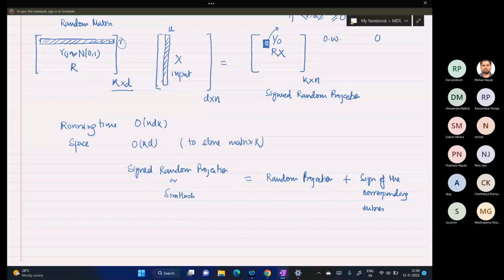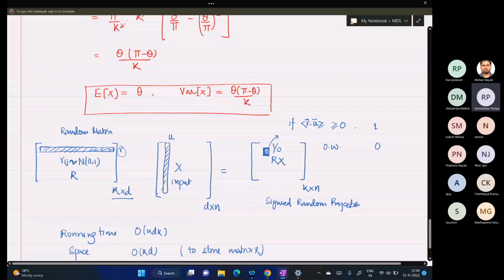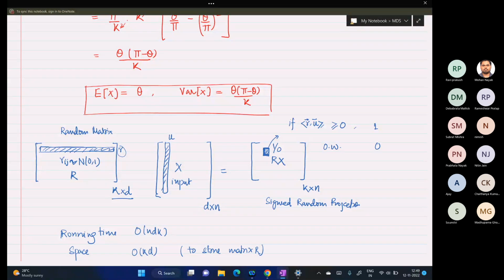That's all. Okay, so any questions until this point? So both SimHash and signed random projection are the same? Yes, same. They are basically two different names of the same algorithm.